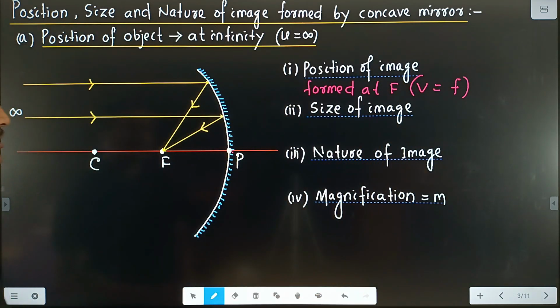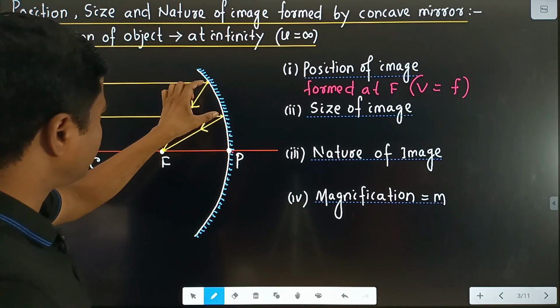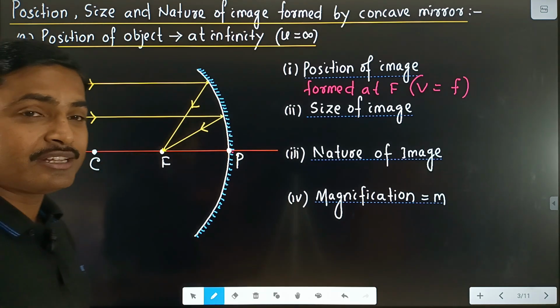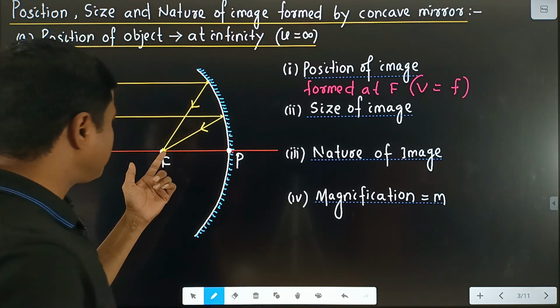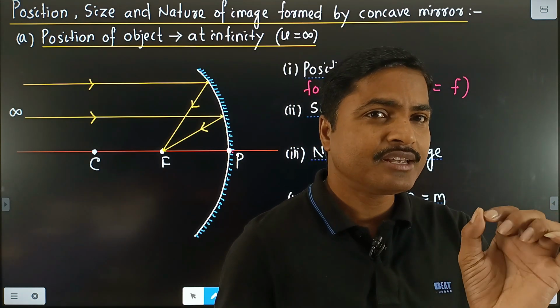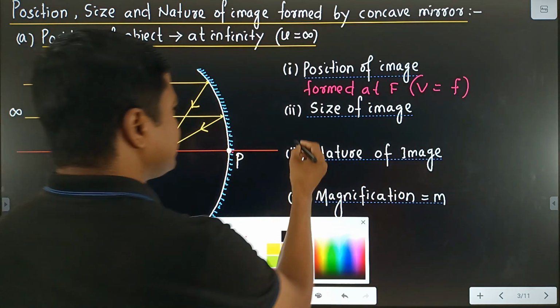Then size of the image, look at the figure. Here both the reflected rays meet at point F, and at point F image is formed, and that looks like a point image. Point image means very small size. Size of the image is very small.